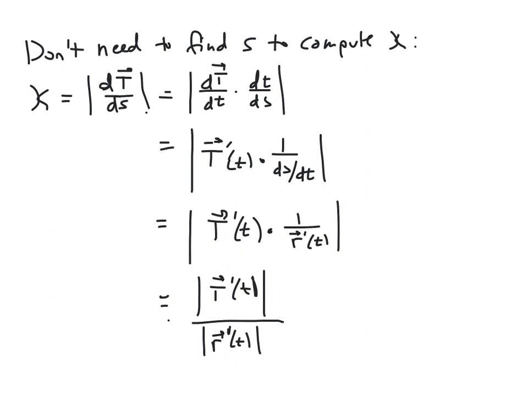Sorry, that should be r prime. Make sure that's clear. And so this formula gives us a way of computing kappa at any given point t on the curve without having to find the arc length parameter s. As we know, that can be difficult. And so this is a formula that allows us to compute the curvature with the given parameter t.